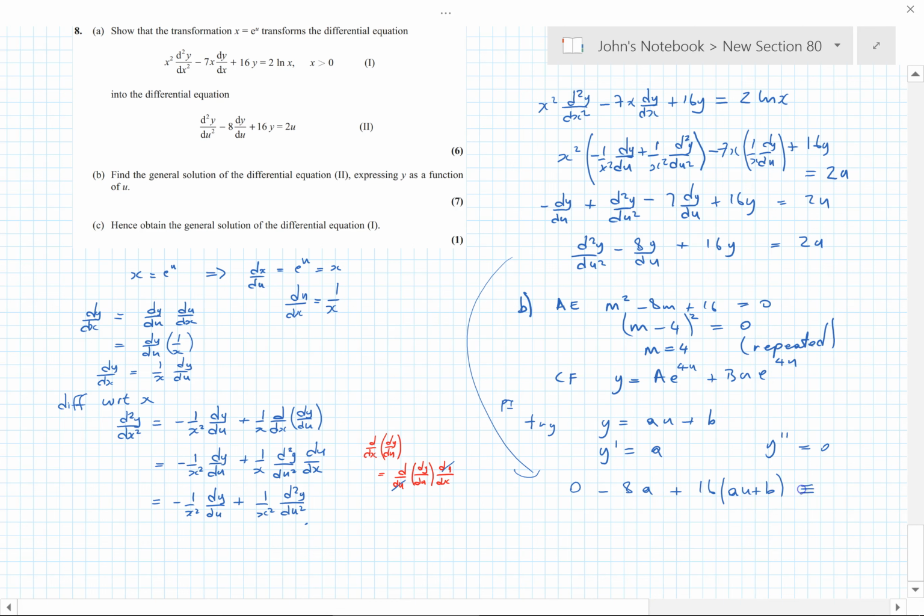It's got to be exactly the same as 2u. So we have 16au plus 16b minus 8a has got to be equal to the same as 2u plus 0 if you like.